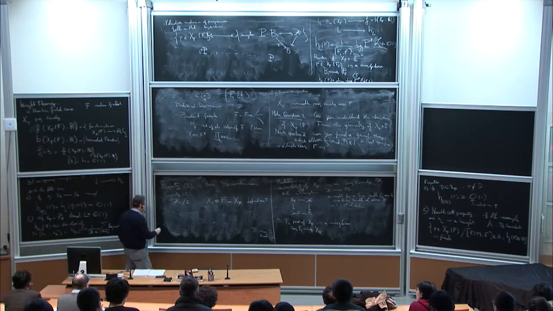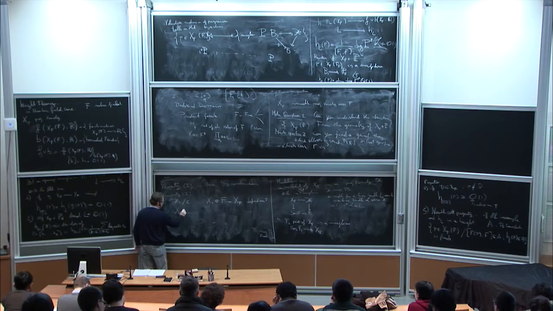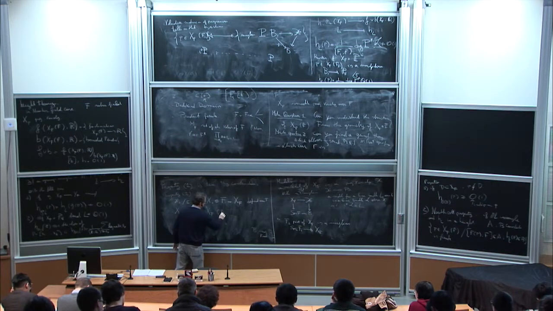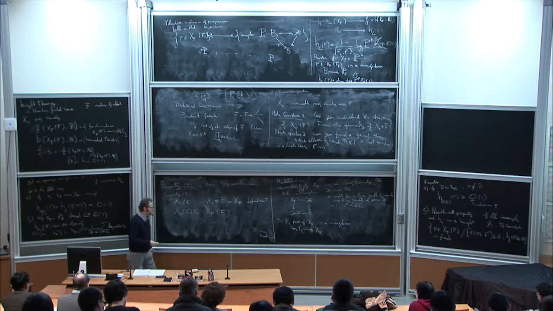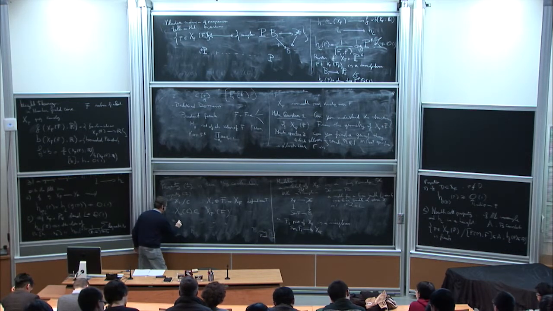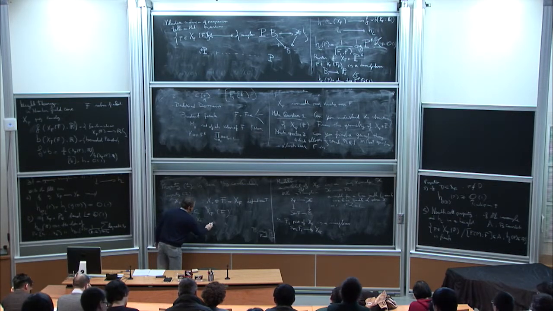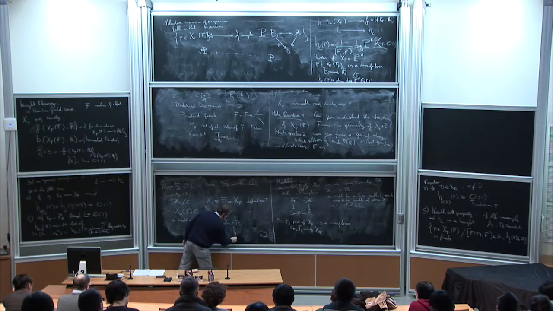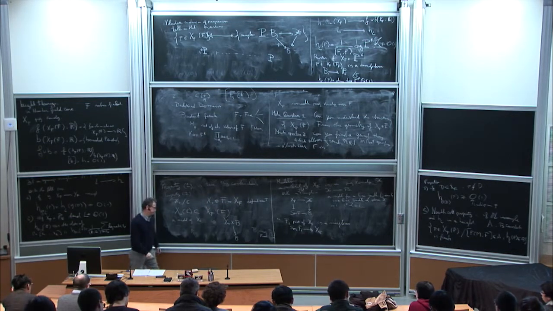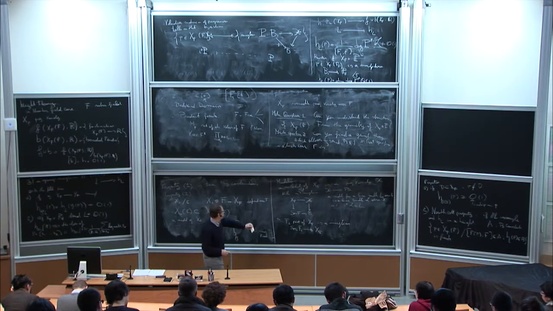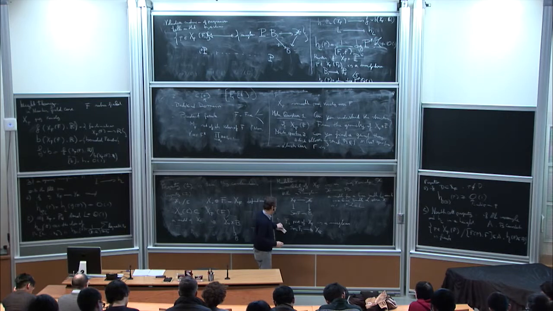But you see that X0 of C is contained in XF of F. And a model of XF is X0 times B over B.